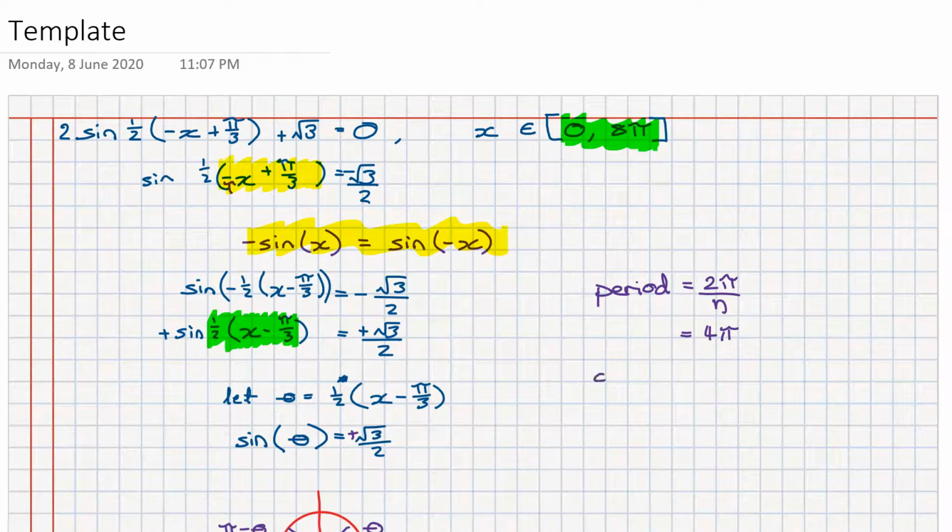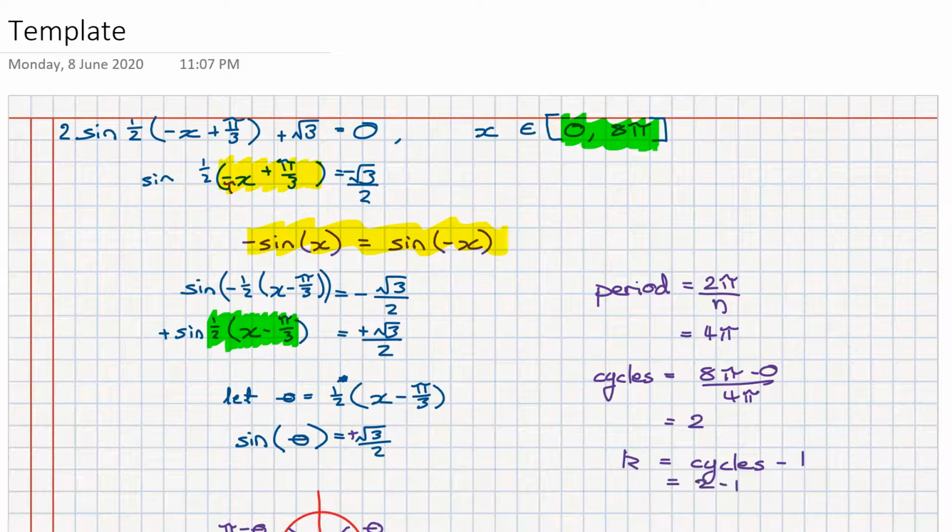And then the next question is, well, how many cycles are we expecting? And it's going to be 8 pi minus 0 all over 4 pi. And that's going to be reduced down to, we're going to get 2 cycles, and k is equal to the number of cycles minus 1.